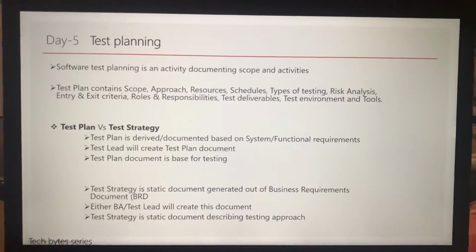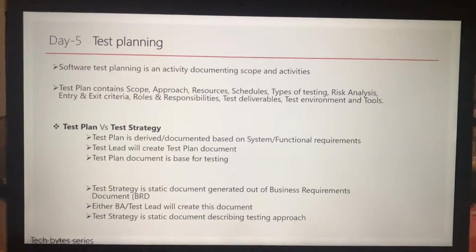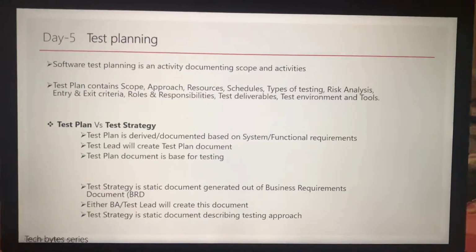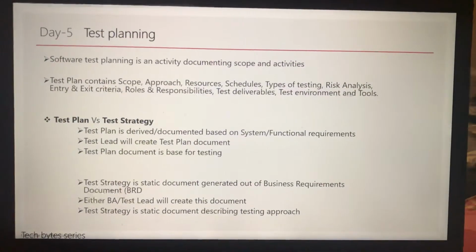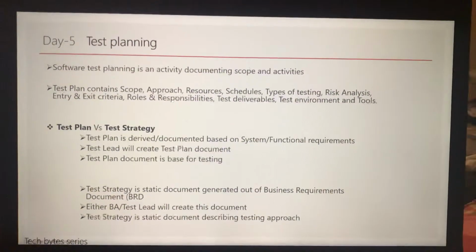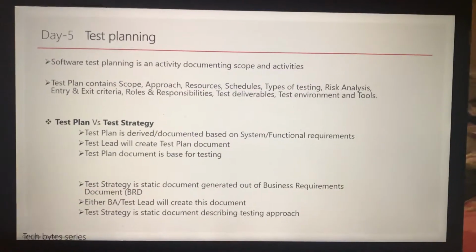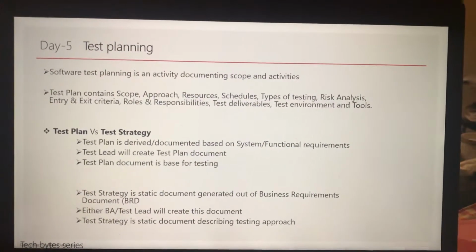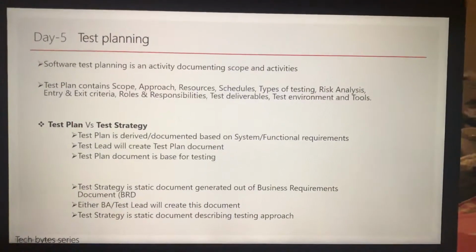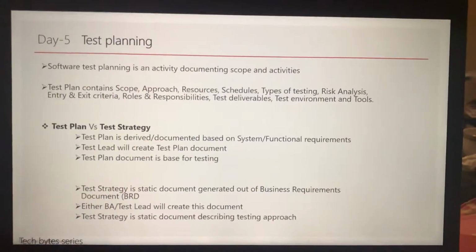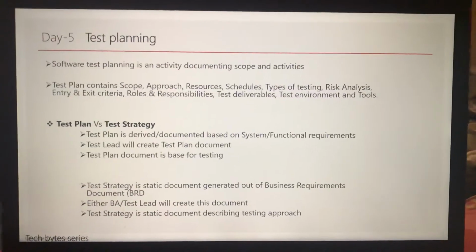Whereas the test strategy is a static document generated based on the business requirements document. Either the BA or the test lead will create this document, and it describes the approach of the testing.